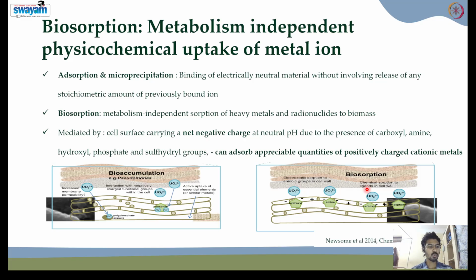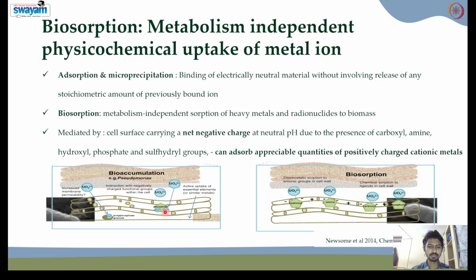Then how does it differ from bioaccumulation? In bioaccumulation, what happens? The penetration of any heavy metals will be observed by increasing the membrane permeability. So what happens here? The uranium will be entering inside the cells through membrane transporters. First, it will interact with the negatively charged functional groups that are present on the surface of the cells.